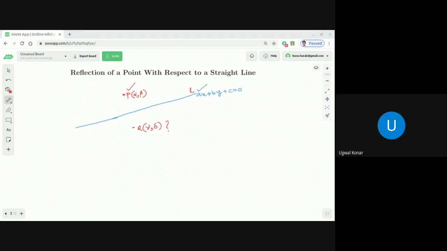And the best approach, dear students, to find the coordinate of this point Q, that is gamma comma delta, is this. You just remember this thing. Let me use a different color.